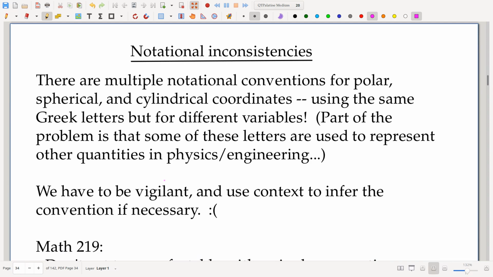Okay, I have some bad news. Not all conventions for polar coordinates, spherical coordinates, etc., are the same. There are different conventions that get used in different contexts, and I'm sorry. It's not my fault.